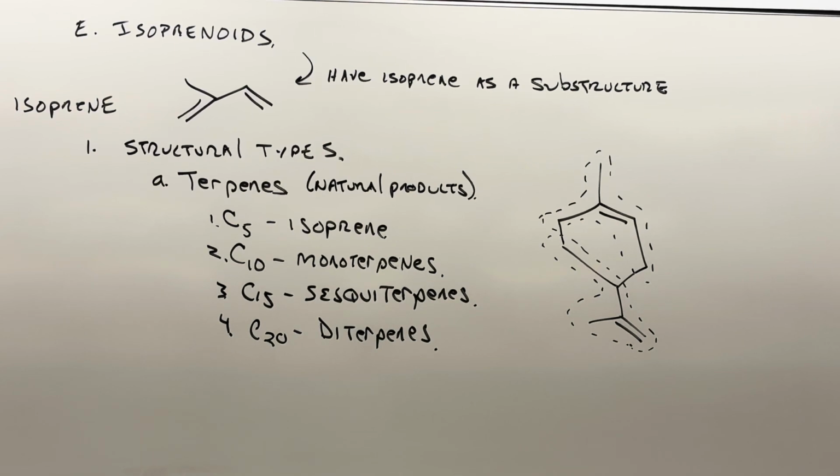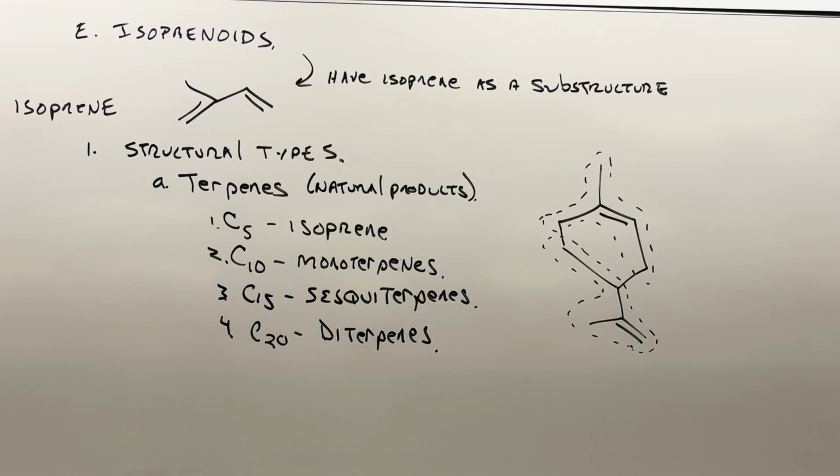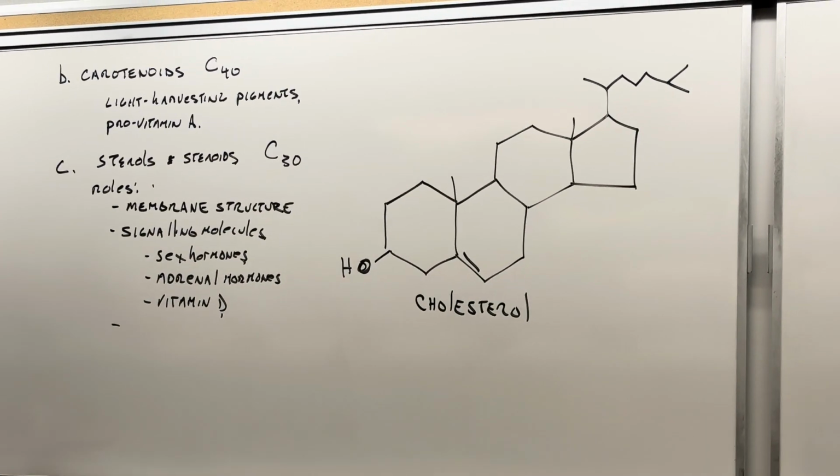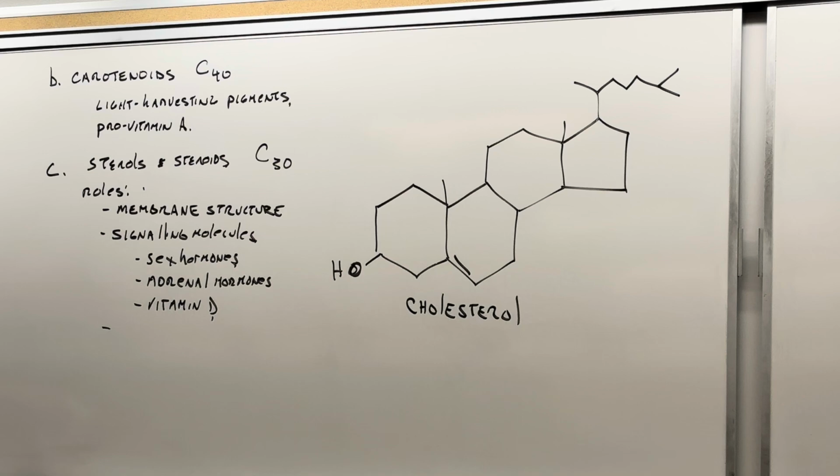That includes the sex hormones, adrenal hormones, cortisol and that sort of thing, vitamin D, then the other one is intestinal detergents, the bile acids. So actually what happens is cholesterol ends up being metabolized and oxidized to make a carboxylic acid, and it serves as a detergent.